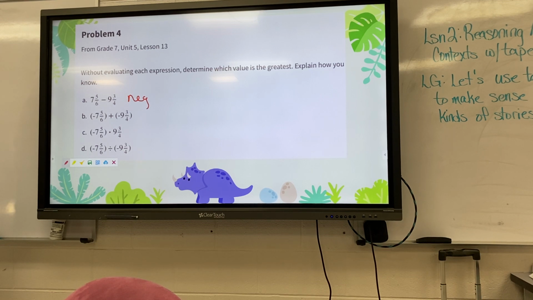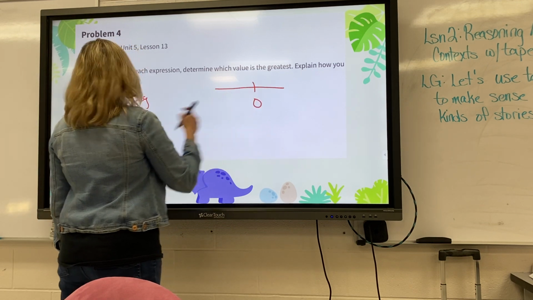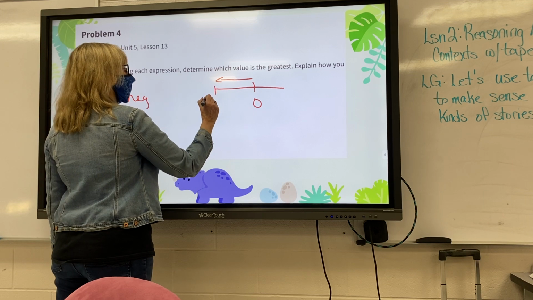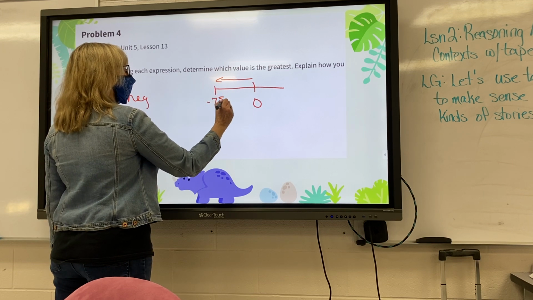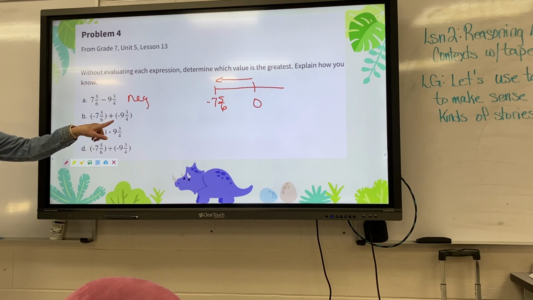What's that answer going to be, positive or negative? Positive. Let's think about it. If I go negative 7 and 5/6, I go that way, right? Which way am I going to go for negative 9 and 3/4?